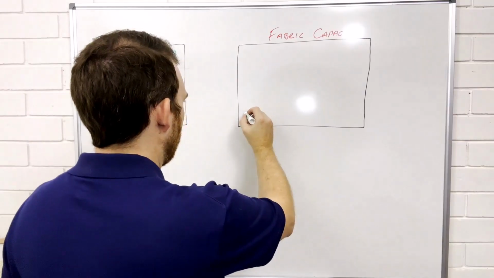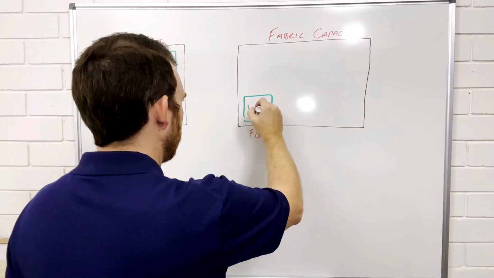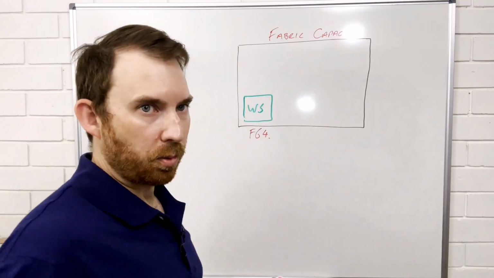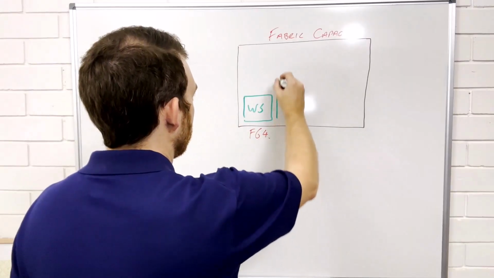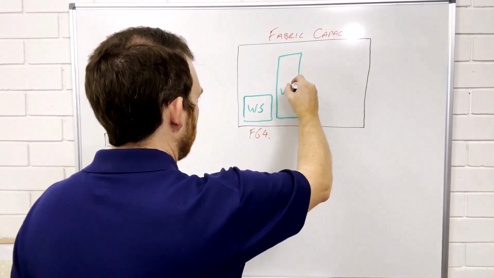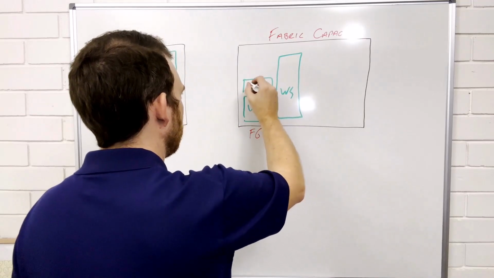So we might have, let's call it a big set of finance reports. Let's call it a workspace. A big set of finance reports could be quite a big workspace. We might have an operations workspace, and that might have lots of things going on there. Sales might be a little bit smaller.